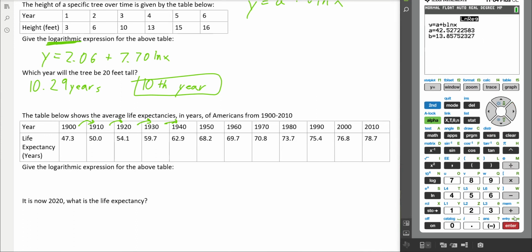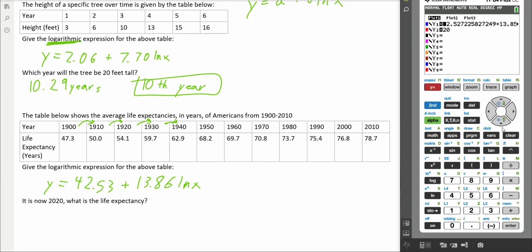So what this is doing is it's storing those data points into my calculator as y1. What I'm doing here is I'm putting in 42.5, 5.3, let's go with 5.3, plus 13.86 ln x. So yes, I'm rounding these.